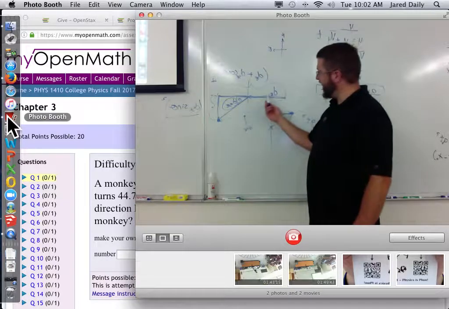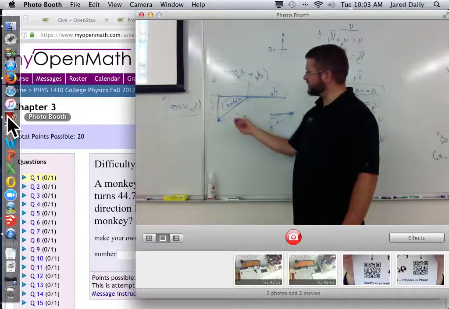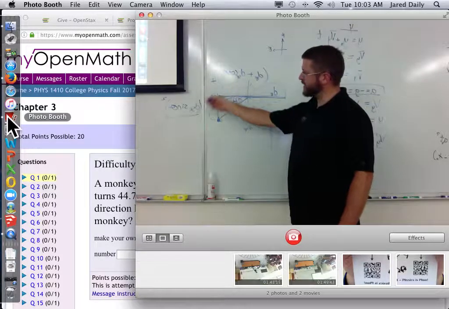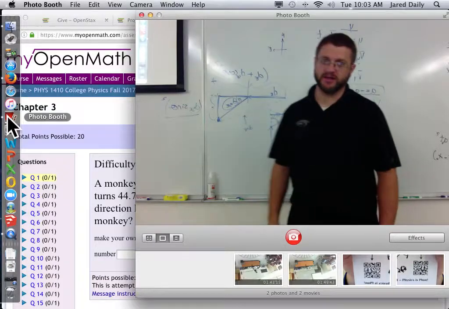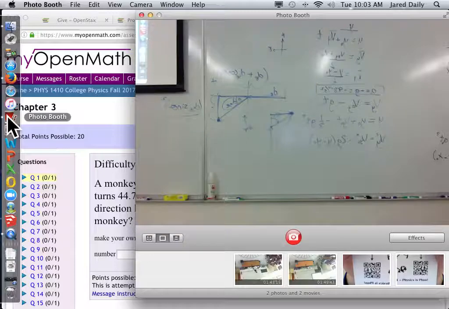We were able to add our original distance plus this side of the small right triangle plus this side of the other small right triangle, and square those. The hypotenuse times cosine theta equals adjacent. Hypotenuse times sine theta equals opposite. Yes.